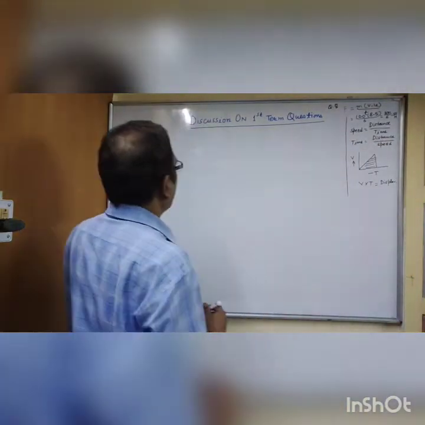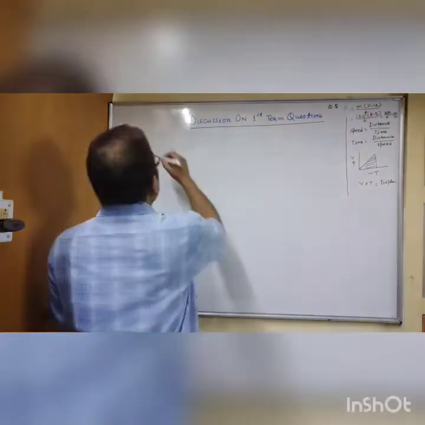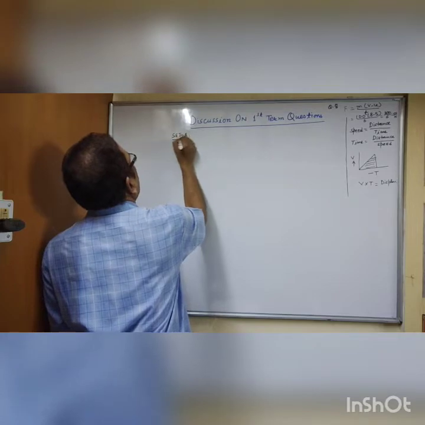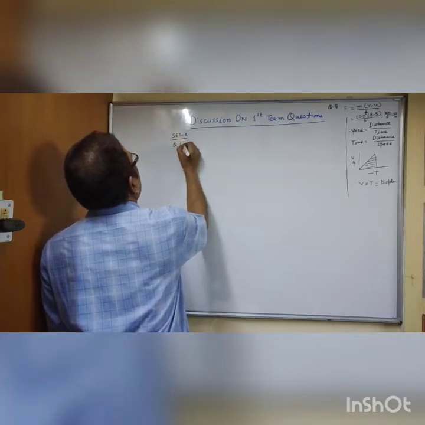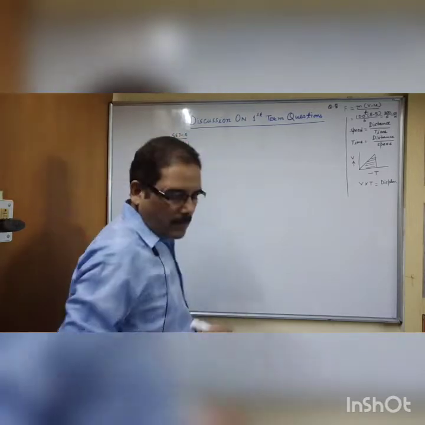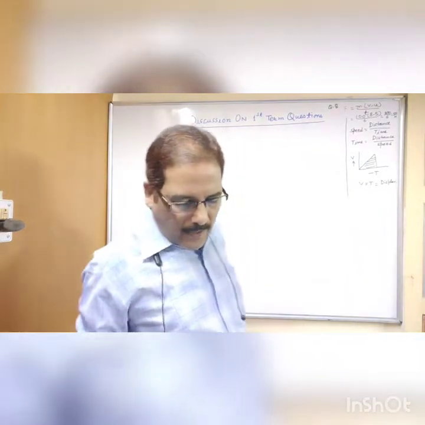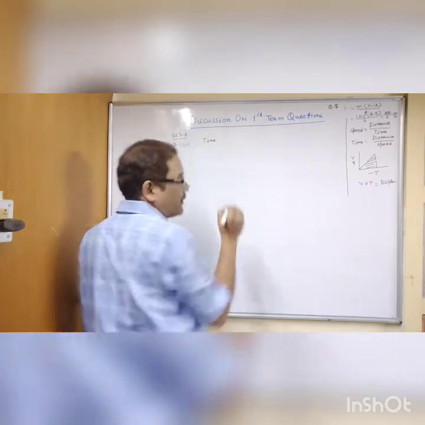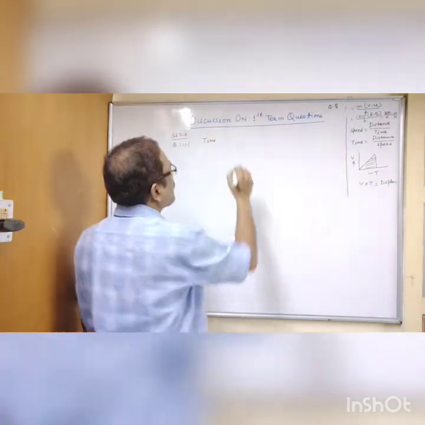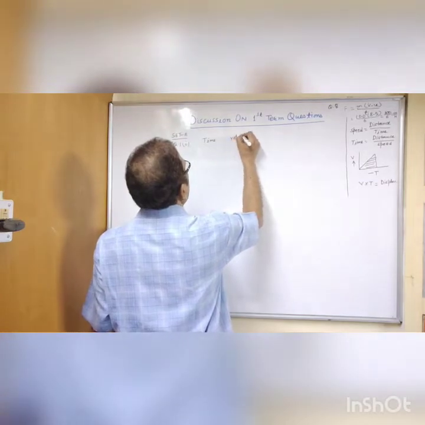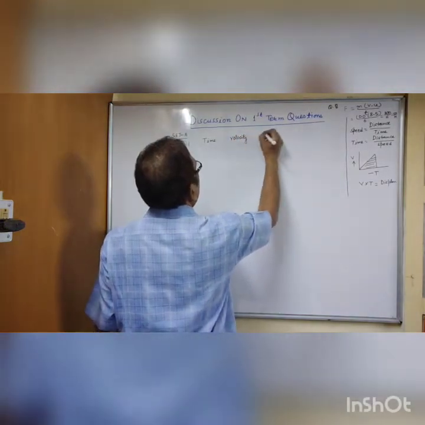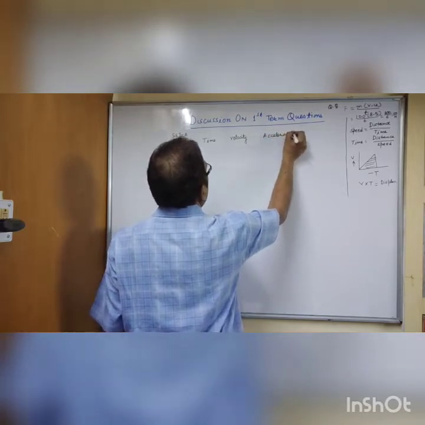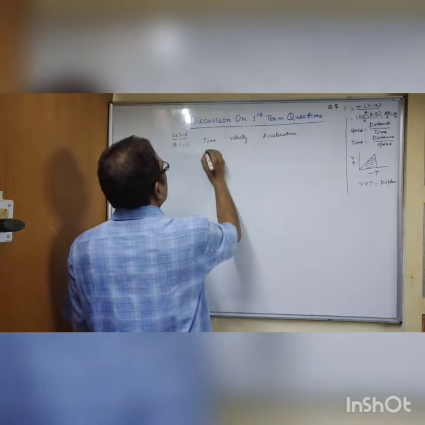This is of set A, question 1, second part. You have to think of the quantities and their units. Time is given, velocity is given, and acceleration is given. These are the three quantities, and you know their SI units.